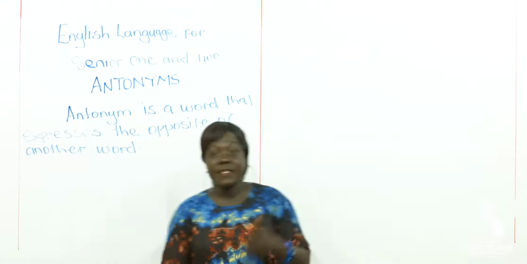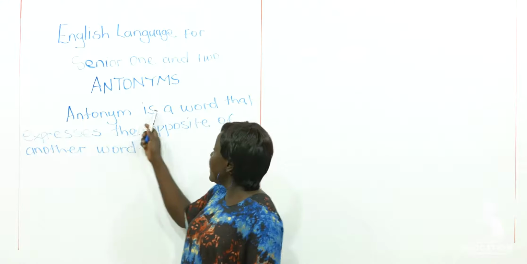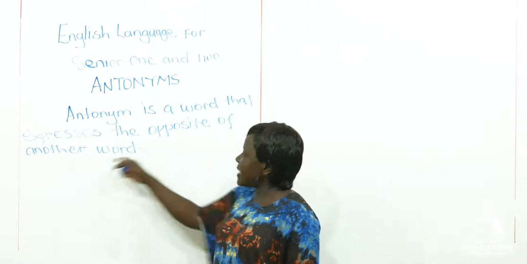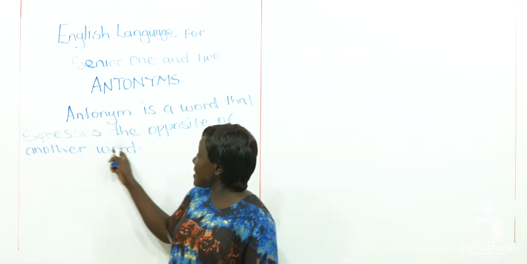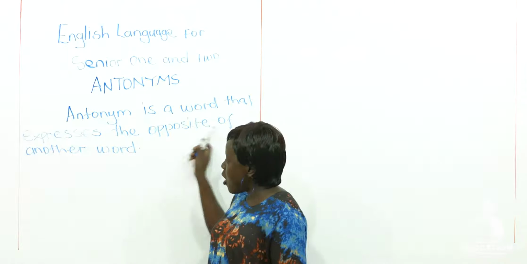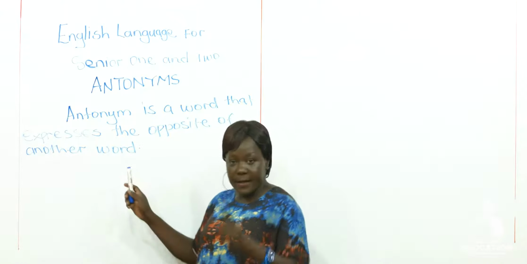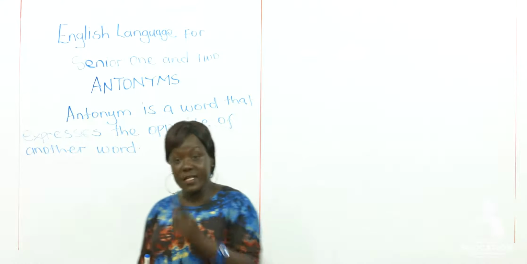Okay, if we are saying that antonym is a word that expresses, to express means to give out, the opposite of another word, then let us look at this example.